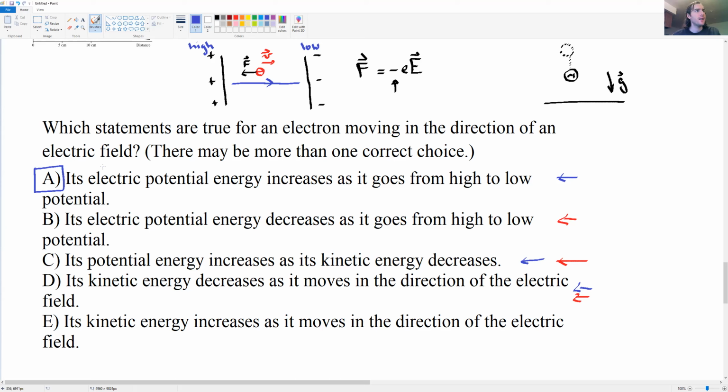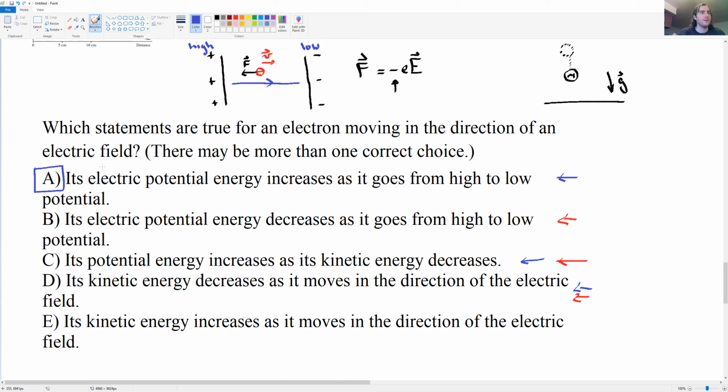So some key takeaways here. How do we analyze this statement? If we want to do away with the picture and everything and get down to the fine details, we need to think about the direction of the force on the electron, and whether the electron is moving in the same direction as the force or the opposite direction.